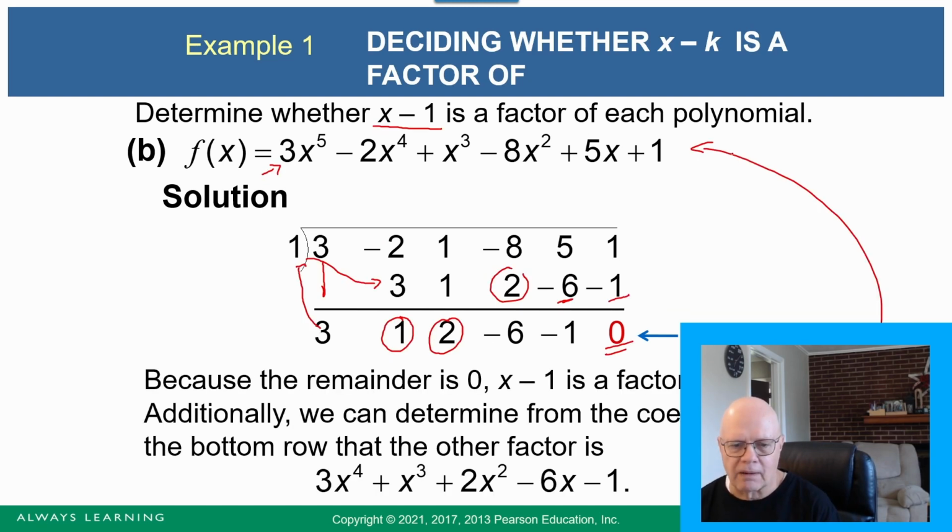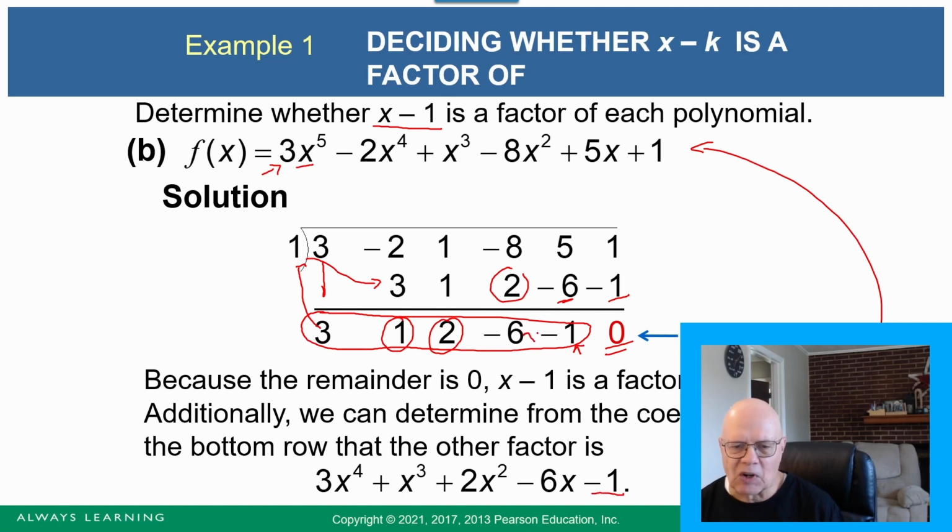Oh, by the way, I failed to mention that. Notice that this is x to the 5th up here, so it's a 5th degree polynomial. If we divide x minus 1 into that, what we get is actually listed right here. Because when we do synthetic division, if the remainder is 0, this is the constant term, hence negative 1 down there.